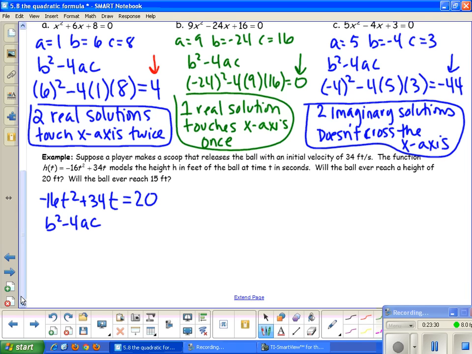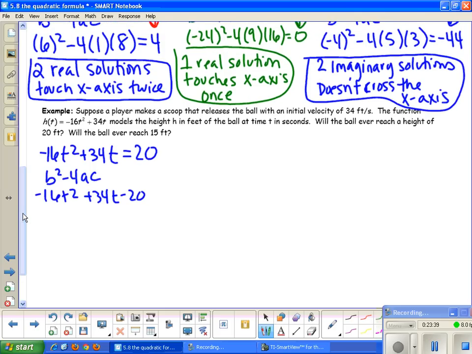So when I do this, I would first put it in standard form, so negative 16t squared plus 34t minus 20. And if I do this out, my b squared would be 34 squared minus 4 times negative 16 times c, which is negative 20. If I do this out, I get the discriminant equal to negative 124.